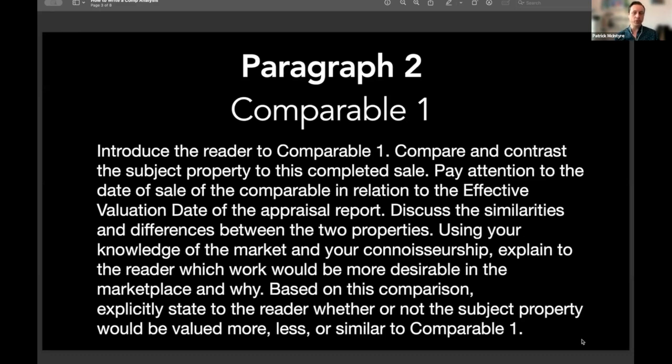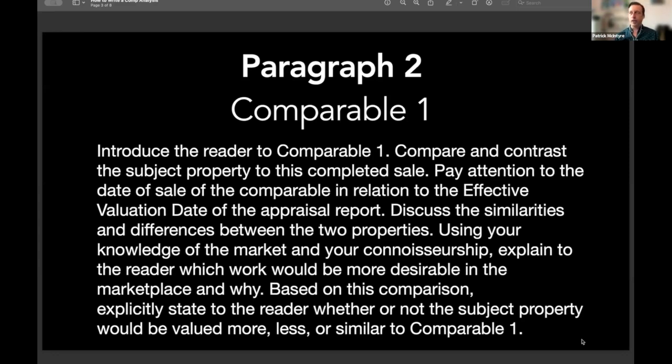As we know, the appraisal is really only interested in the market at that little slice of time, that window of time, the effective valuation date. And the market changes over time. So the greater the distance between your effective valuation date and the date of sale of a comparable, the more work you have to do to explain to the reader, to bridge the gap between the state of the market at that time.